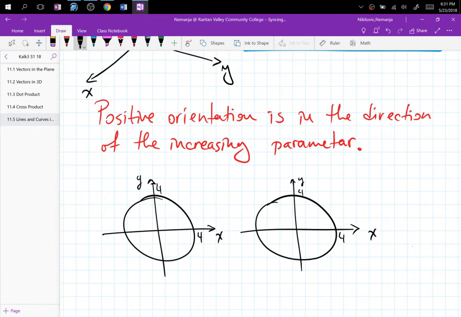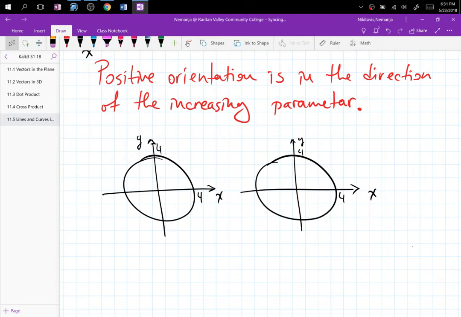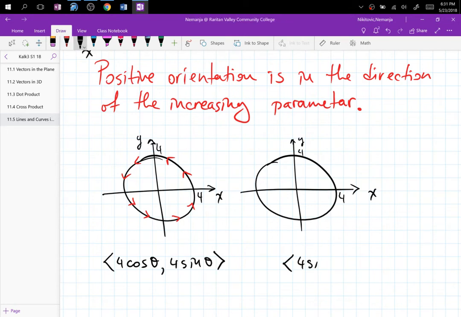The first circle is going to have parametric equations 4 cosine theta, comma 4 sine theta, and the orientation on that one is going to be counterclockwise. On the other circle, I will have 4 sine theta and 4 cosine theta, and the orientation there is going to be clockwise.